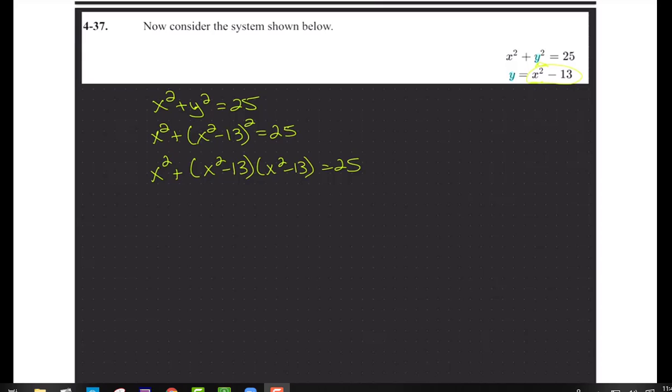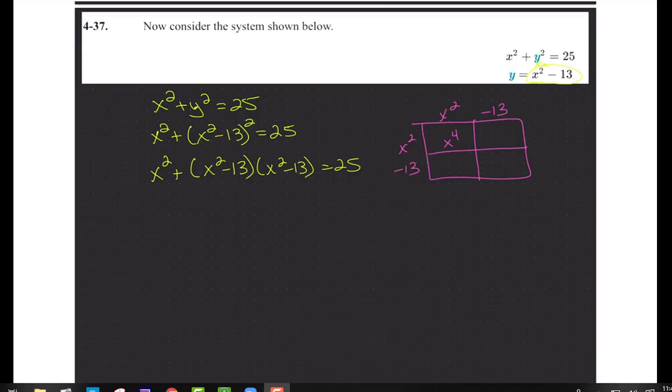So area model on our little guy, right? So what do we got? x squared minus 13, x squared minus 13. What's x squared times x squared? x to the fourth, right?